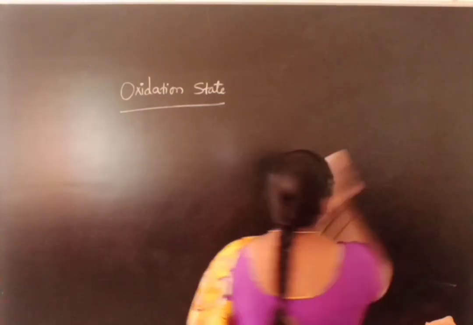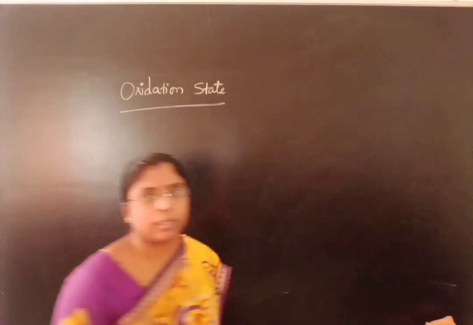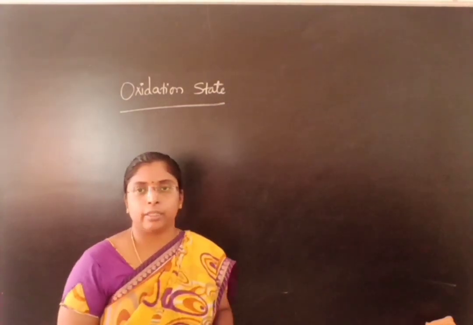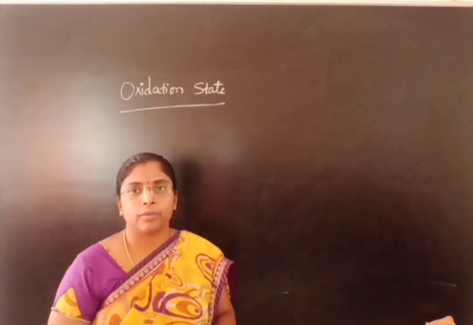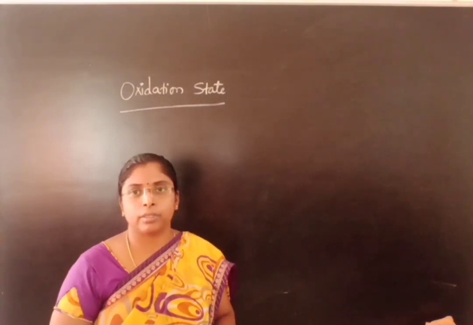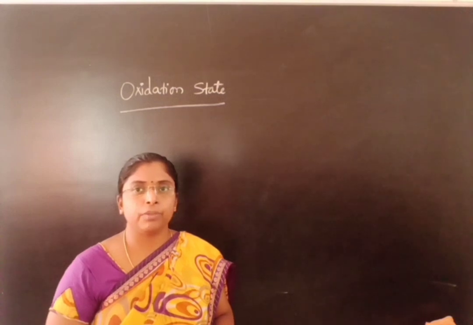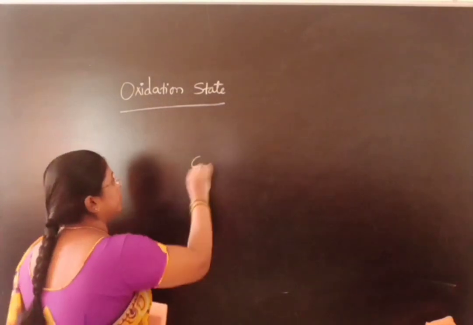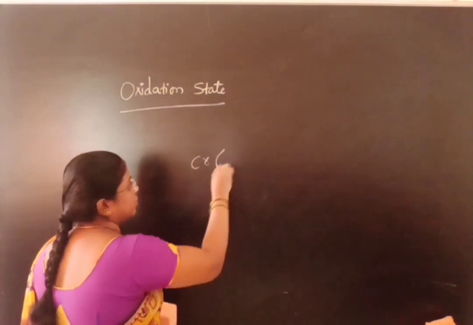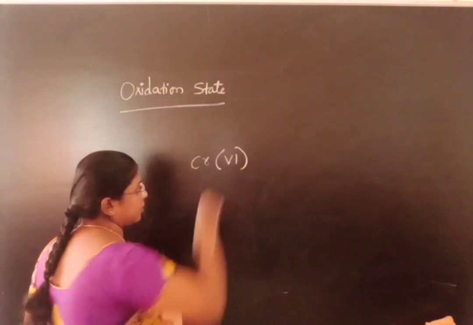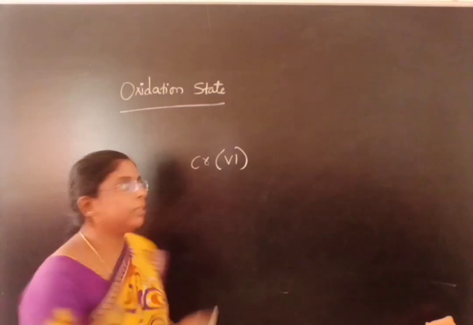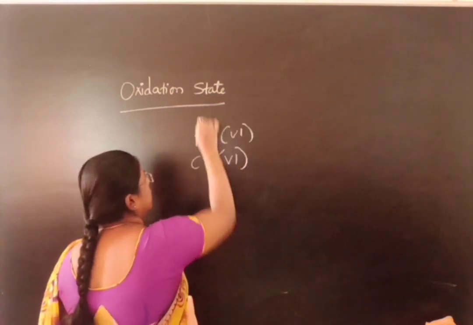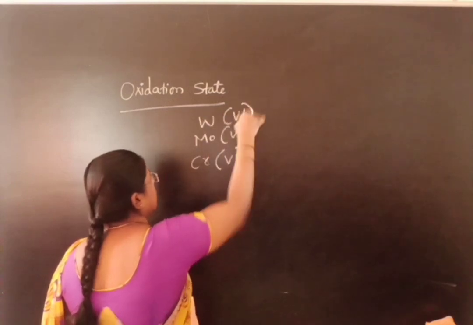When you compare the first transition series with the second and third transition series, the heavier elements, that is the second and third transition series, are very stable with high oxidation state compared with the first transition elements. For example, chromium exhibits an oxidation state of +6, as well as molybdenum exhibits +6, and tungsten also +6.